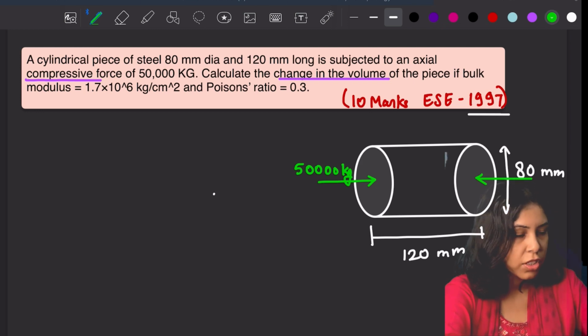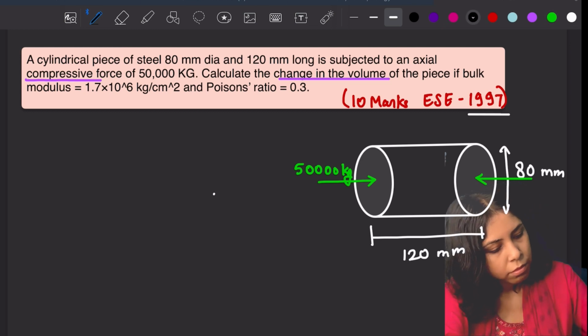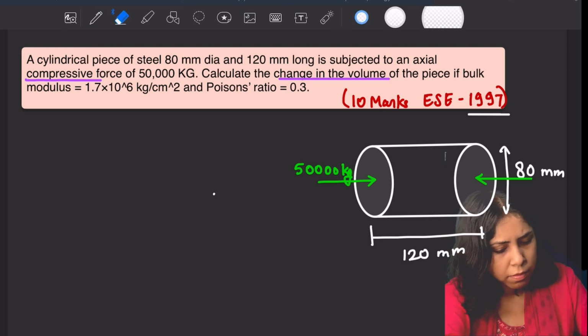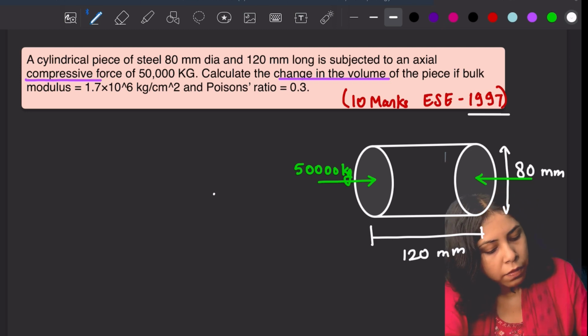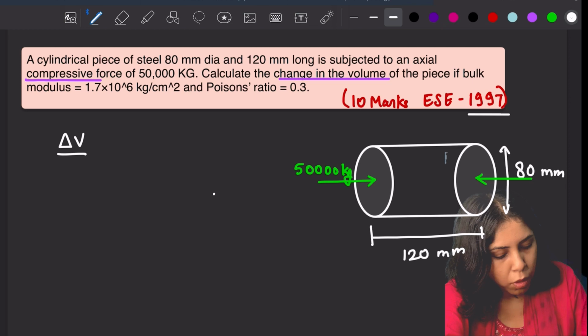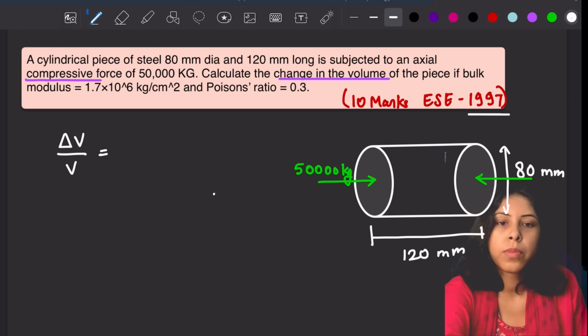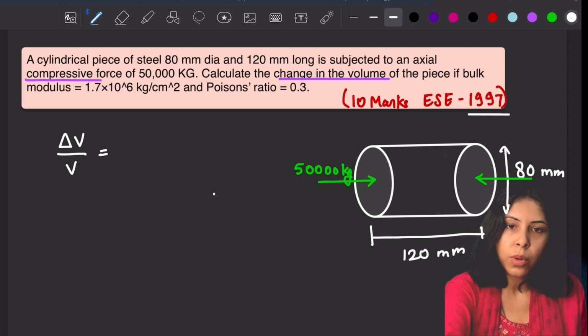For calculating this, there are some concepts that we will discuss. The very first is that the change in volume upon total volume is known as strain.